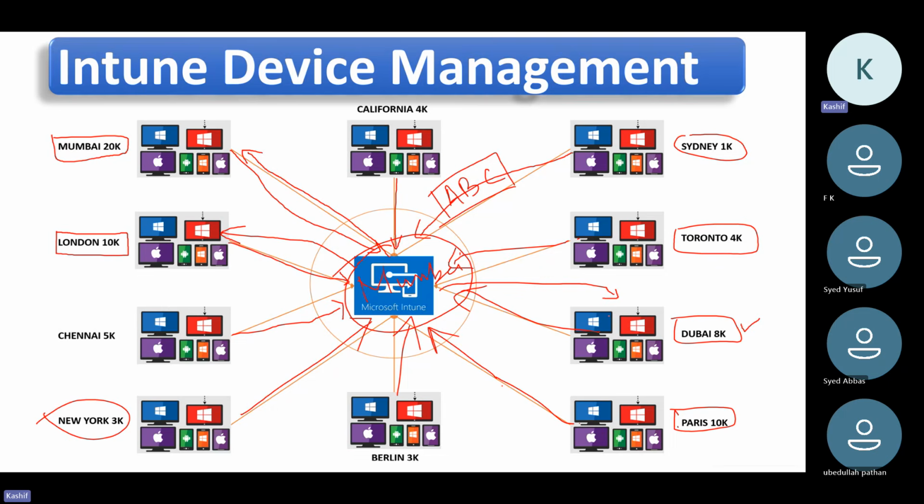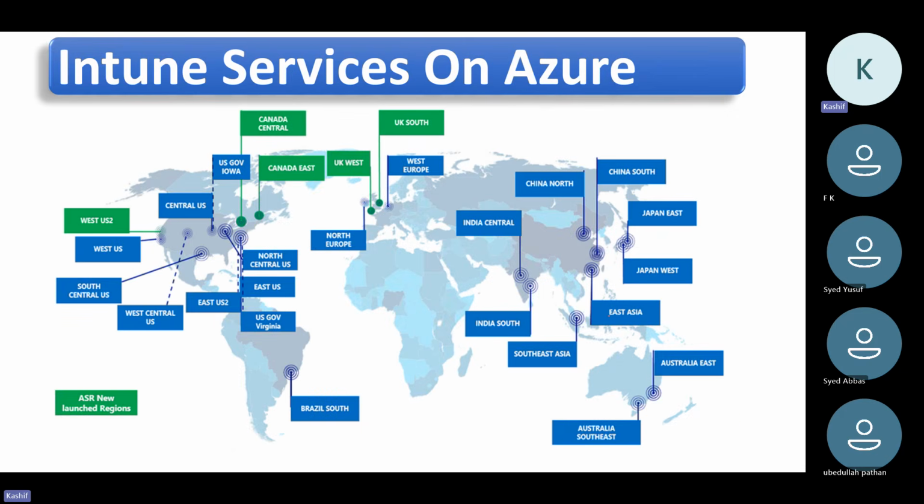Let me take you to the next slide, which talks about how Intune is designed. Do we have to build any server in our organization? Do we have to set up infrastructure in the office premises, or how is that configured? Basically, you don't have to configure anything in your office premises.